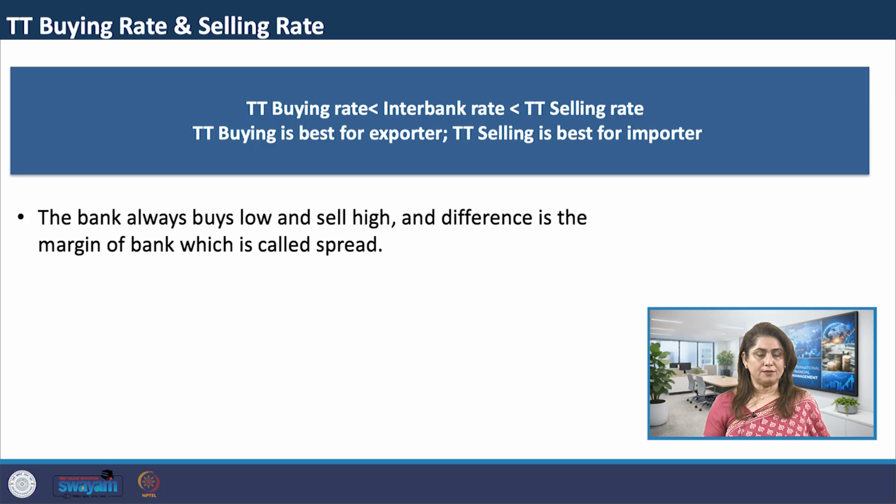For the exporter who is selling dollars to the bank, the TT buying rate is the best they can hope for in the cleanest possible scenario. Every other buying rate will be lower than TT buying. For an importer who is buying dollars from the bank, the TT selling rate is the best selling rate. Every other selling rate will be higher than the TT selling.